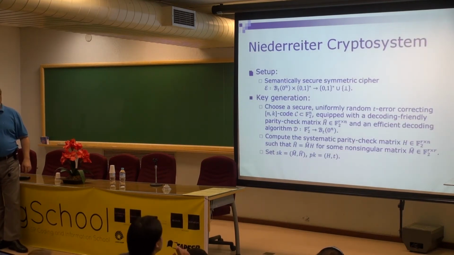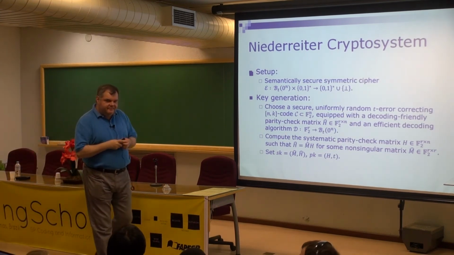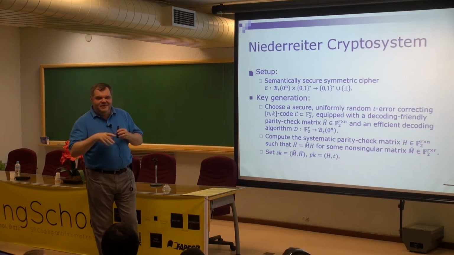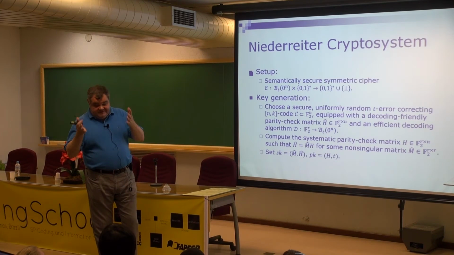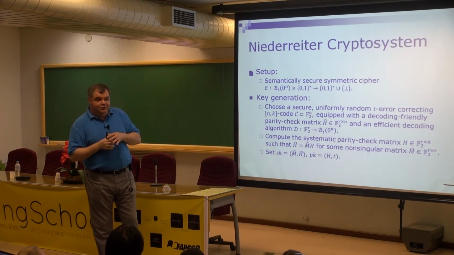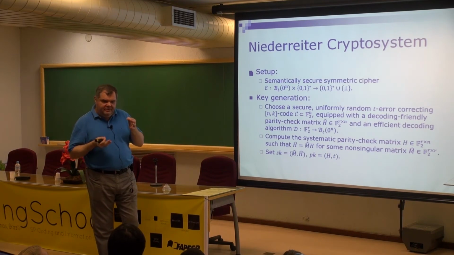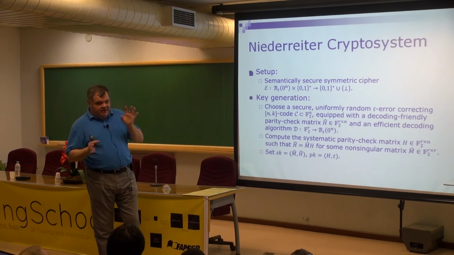Sorry, one question. What's the property of H hat that makes the decoding easier? Because I assume we'll see that tomorrow. Here we only assume... it's a very strong assumption. We are assuming that we can build an error correcting code that admits an efficient decoder, and we also can hide that decoder somehow.